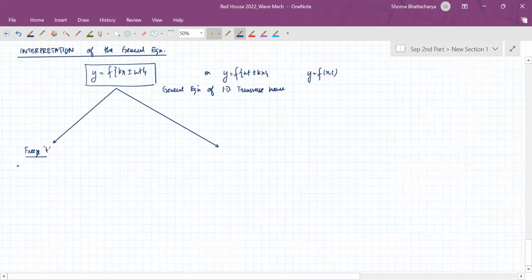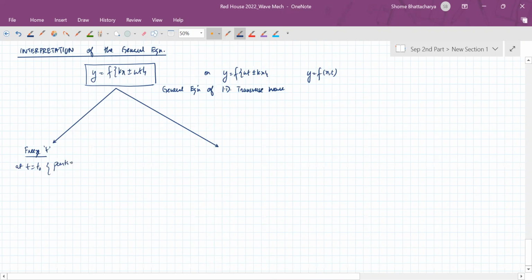So for example, at t equal to some t naught, which is a particular instant of time, y at t equal to t naught just becomes a function of x. It's no longer a double variable function, because t naught has become a constant.